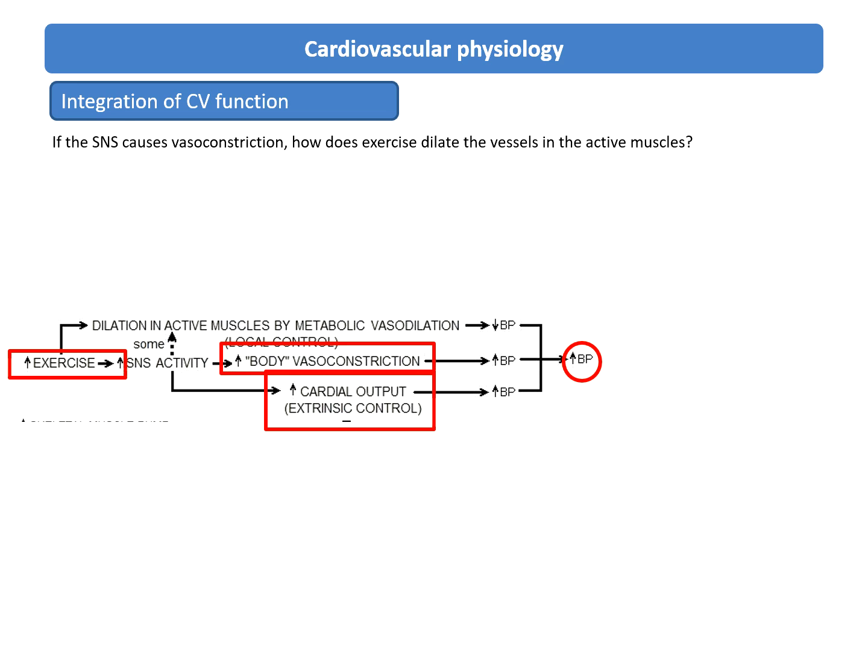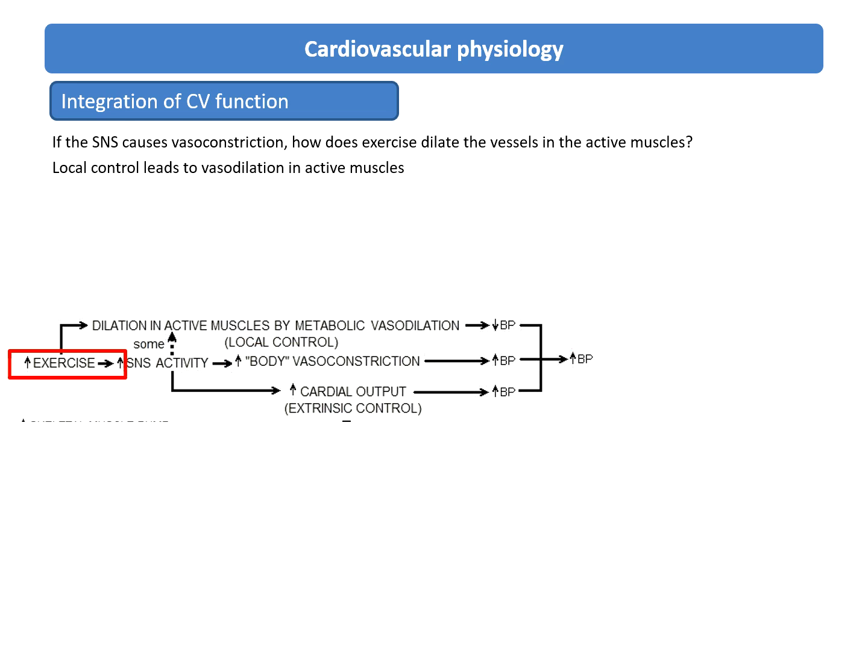If the sympathetic nervous system raises blood pressure by increased cardiac output and causing vasoconstriction, how does exercise dilate the vessels in the active muscles? Local control does this. It leads to vasodilation in the active muscles, and this alone will decrease blood pressure.